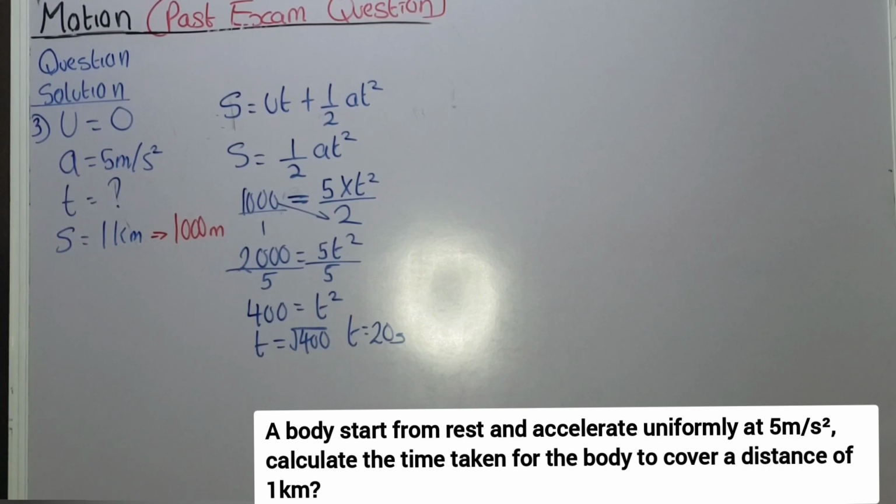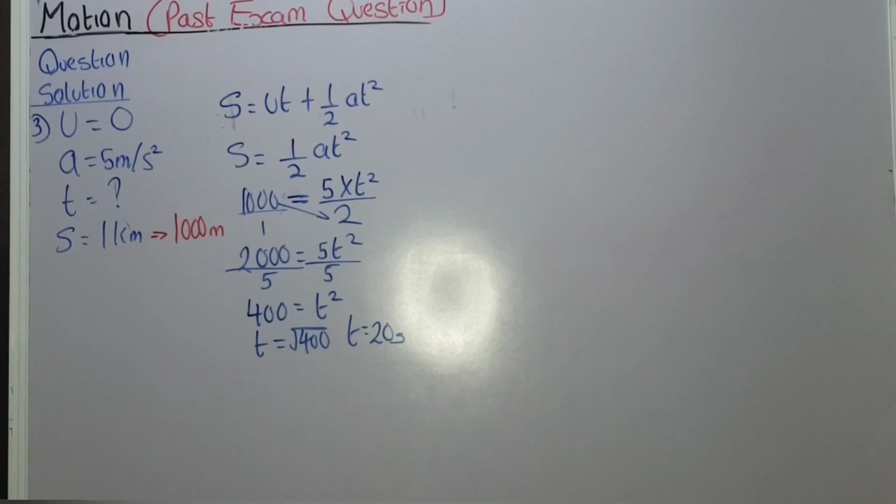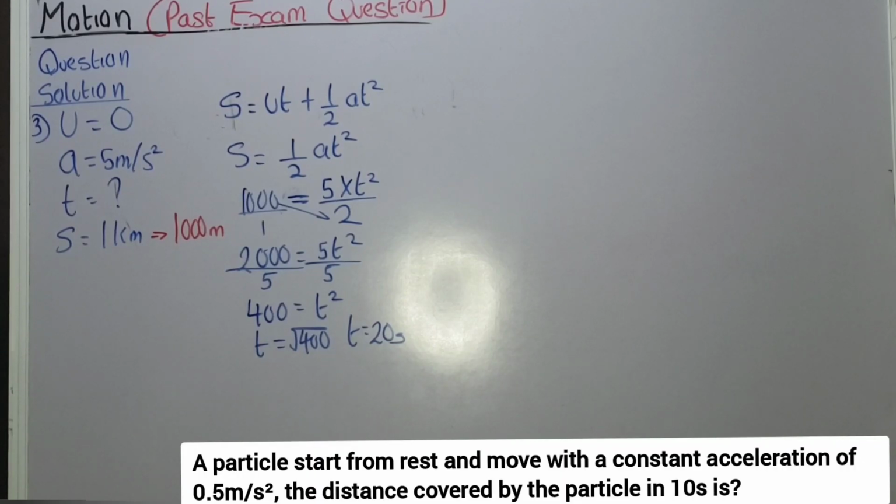Okay, so let's have the last worked example, the last question for this class. A particle starts from rest and moves with a constant acceleration of 0.5 meter per second squared. The distance covered by the particle in 10 seconds is dash.